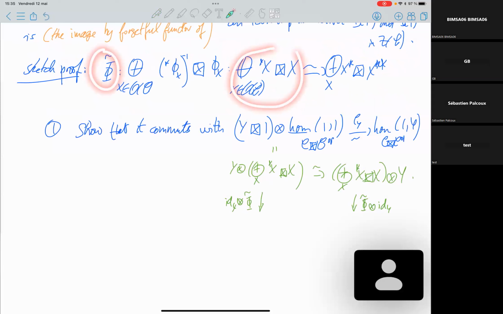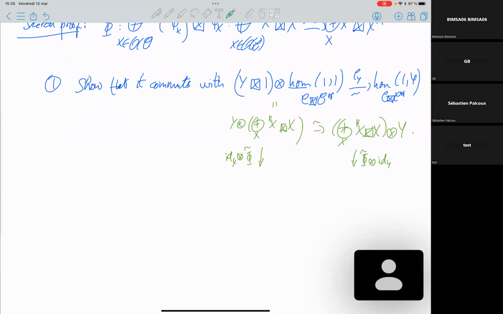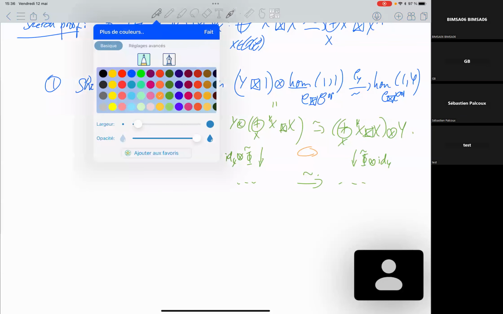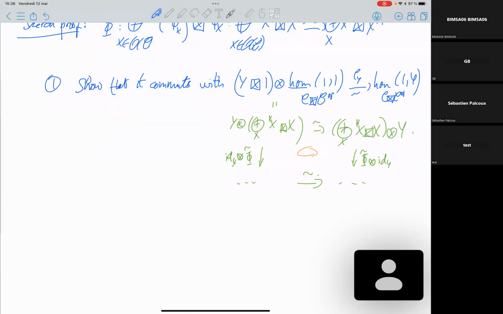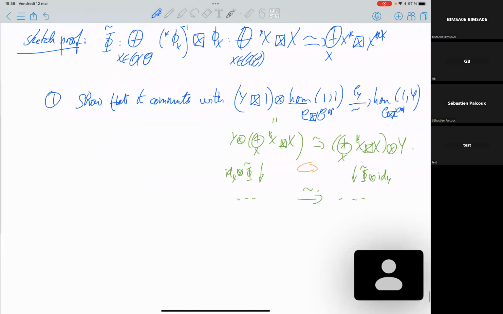So here, this is what we have here. So it's okay. You get something, and here you can also get something, and you want this to commute. So I guess this is, in that sense, that should commute.